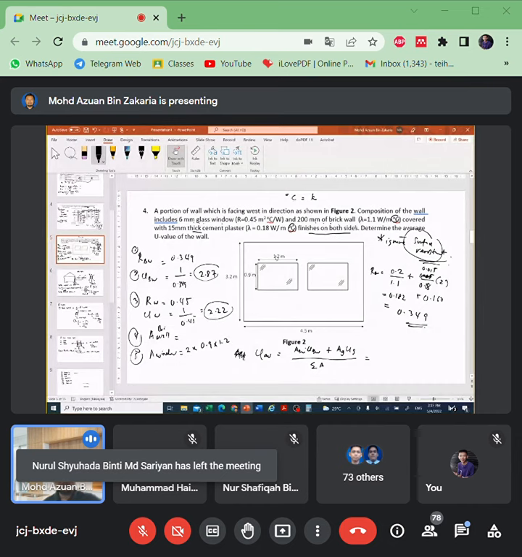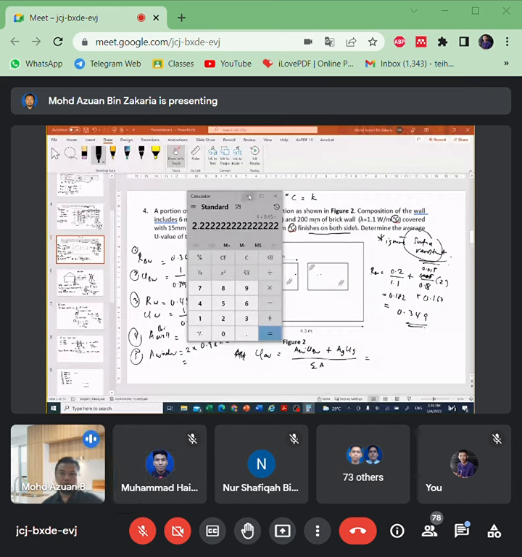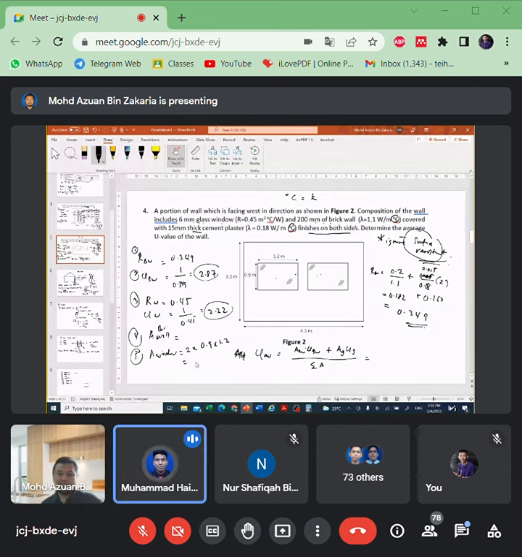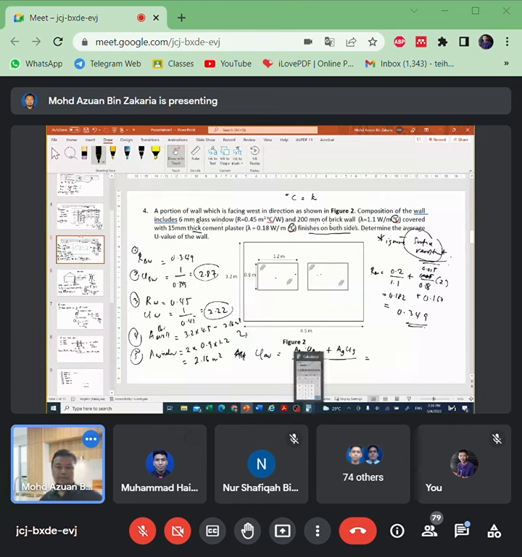We have 2 windows, so the area is 2.16. Alright, and then the brick wall area will be 3.2 times 4.5 minus 2.16 meter squared, which is 12.24.